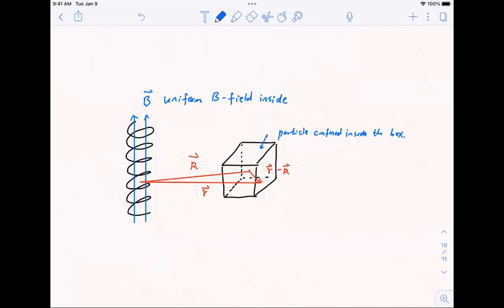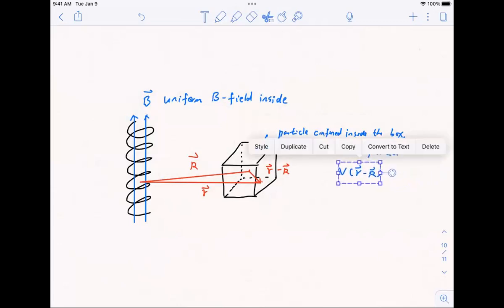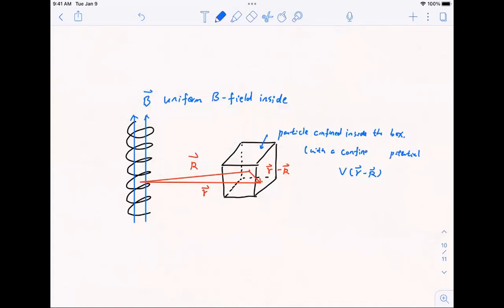And the potential you can approximate as V equal to R minus R, the confinement potential.